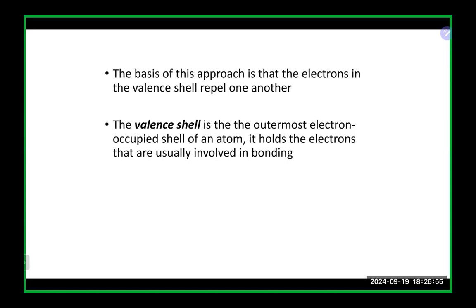And if you think about it, if you have a bonding pair of electrons, as those bonding pairs start to move, so do the atoms that are connected with those bonds, right? They start to move with them. If you have non-bonding electrons, they will start to move too. And as those non-bonding electrons get near something like bonding electrons, they're going to try to get away from each other as far as possible.